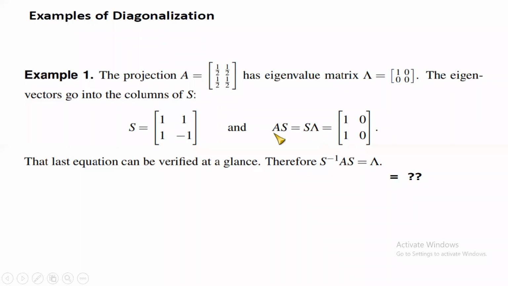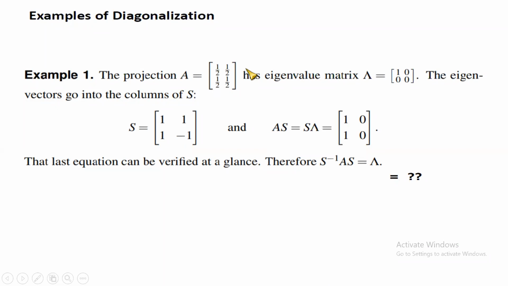Or you can say A is equal to S lambda S inverse, or you can always say lambda is equal to S inverse AS. If you multiply S inverse on both the sides, you will get lambda is equal to S inverse AS. So you can just check that, or you can just find AS is equal to S lambda, and that will give us the same value. Both the values should be same.